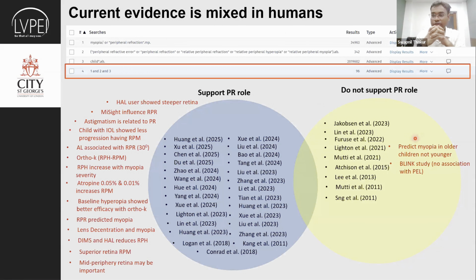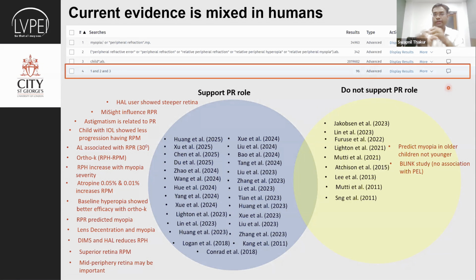So what I did was I ran a quick search on how many papers there are on relative peripheral refraction. I did a basic search on Scopus using the Embase database. And what I found was in total there were 96 articles which somehow investigated the role of peripheral refraction.